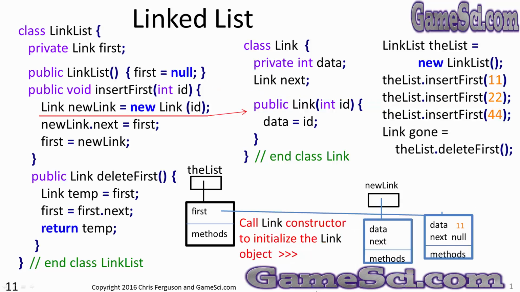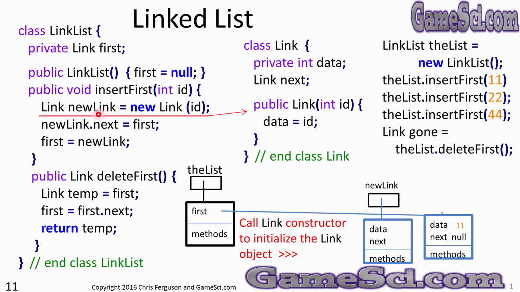Tracing the code inside of insert first, we're going to call the link constructor to initialize the link. We'll pass the ID 22 as the parameter to the link, and we'll create a brand new link object. Notice that new link is a local variable. As a local variable, new link gets created every time this method is called, and new link disappears when this method is done.